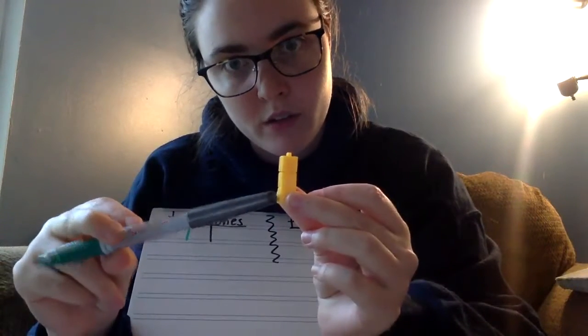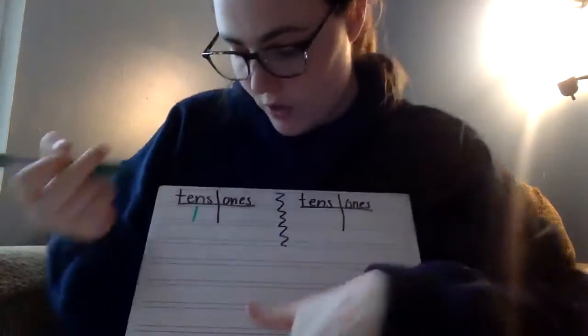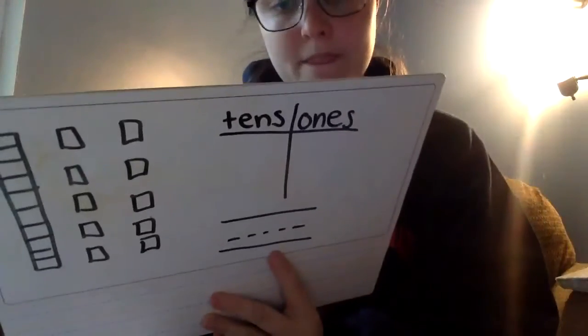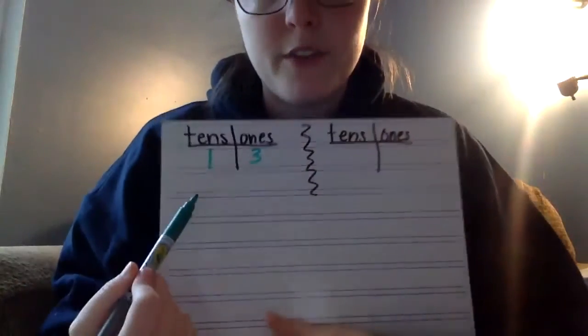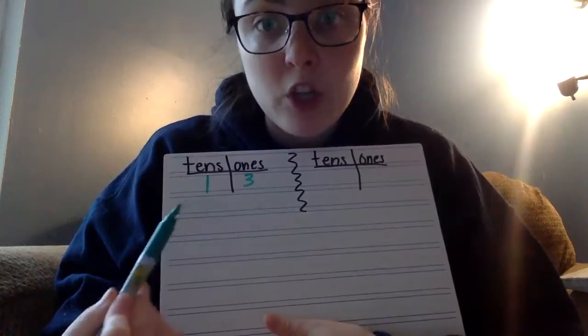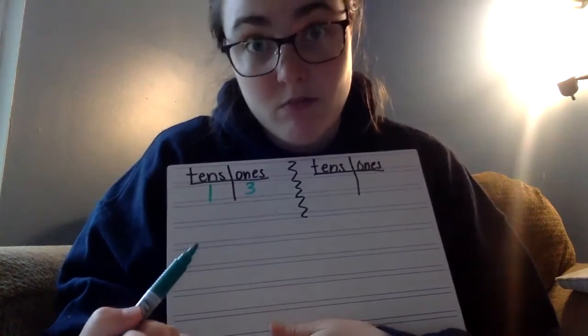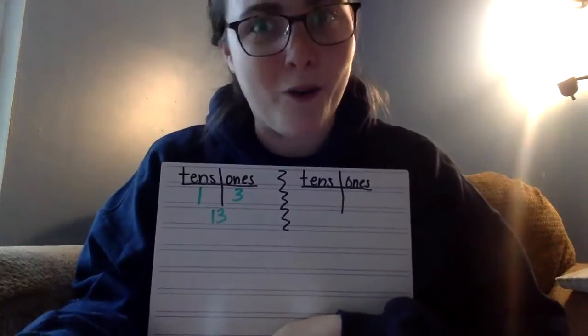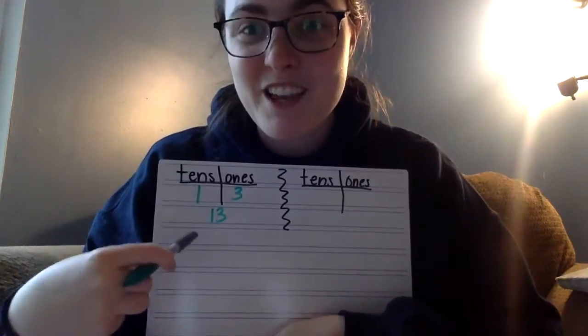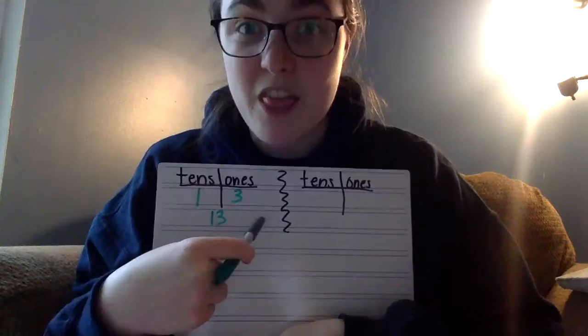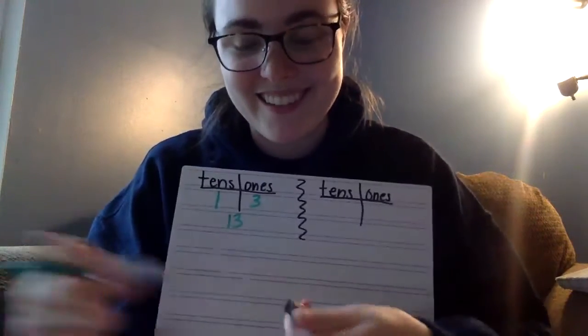So let's count 1, 2, 3. So I'm going to write 3. And we look at this and we can see a number that we know. If you said 13, awesome job. So 1 ten and 3 ones equals 13.